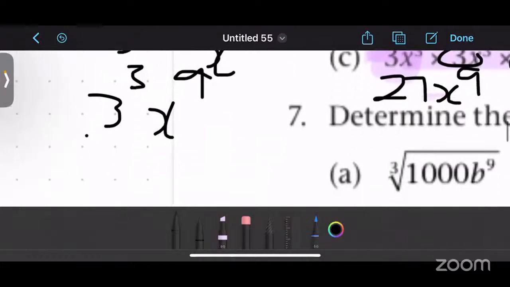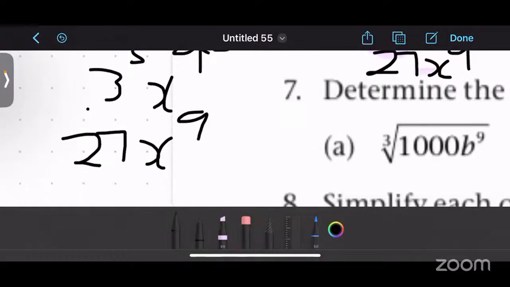Then 3 to the power of 3, you're going to put that on your calculator. But in the next grade, you're supposed to know that 3 to the power of 3 is equal to 27, x to the power of 9. Then we are done. Happy? Yes, ma'am.